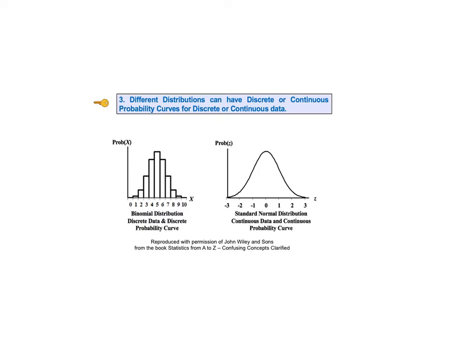There is no probability shown for 1.5, for example, because 1.5 is not an integer, and so it is not a legitimate value for x. The probabilities for discrete data distributions are shown as separate columns. There is no space between the columns because there are no values on the horizontal axis between the individual integers.